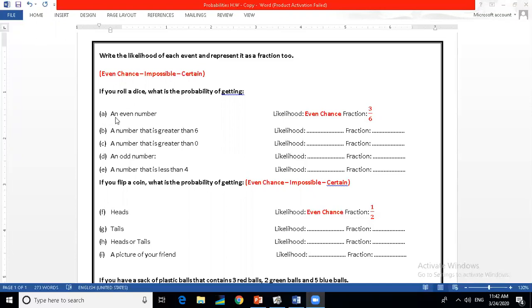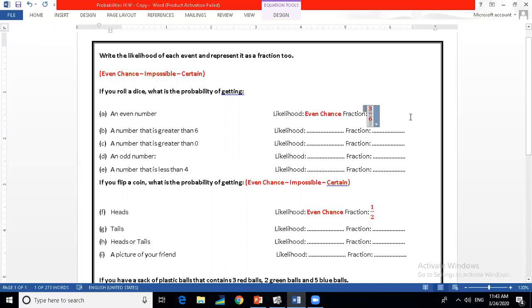So how many out of the 6 are even numbers? Exactly, it is going to be 3 out of the 6. 2 is an even number, 4 is an even number, 6 is an even number. So the fraction here is 3 numbers out of 6.